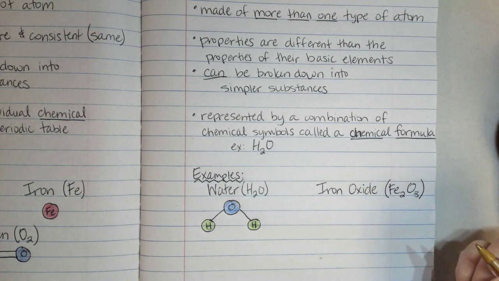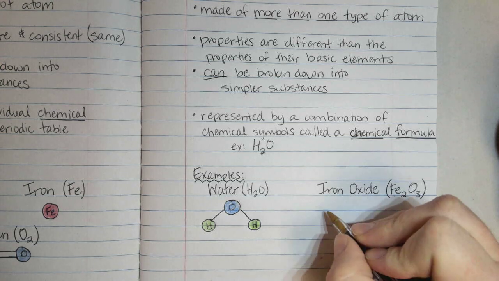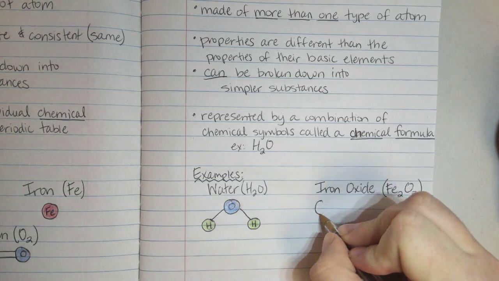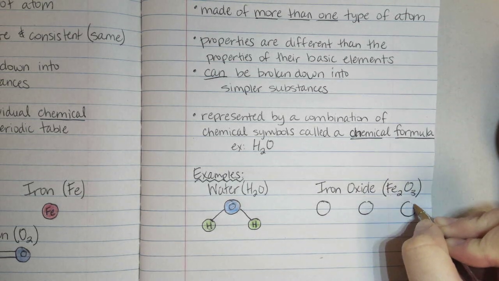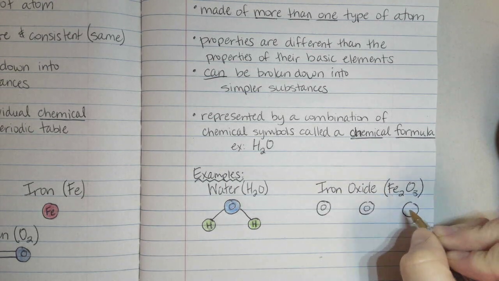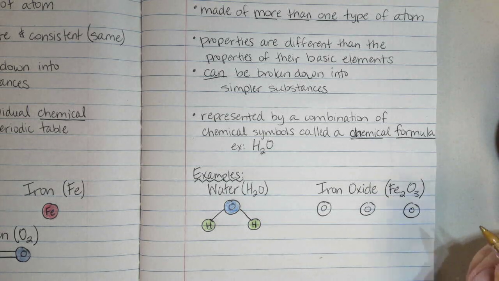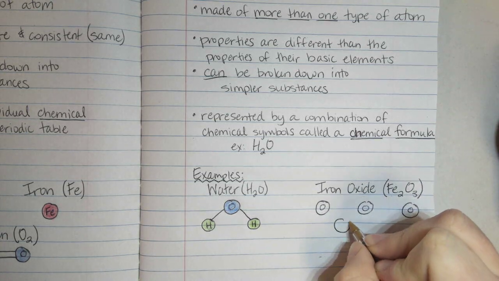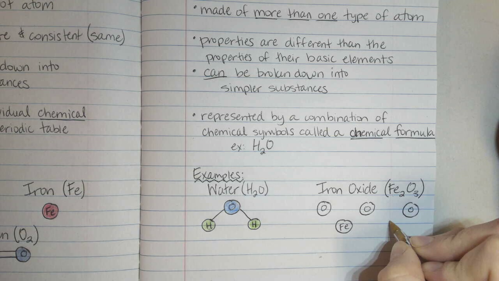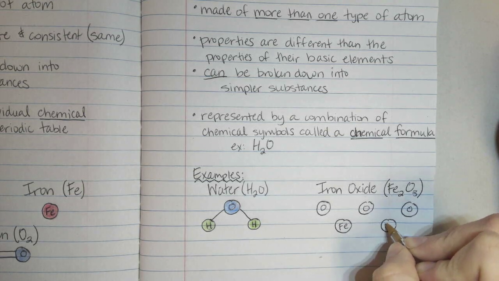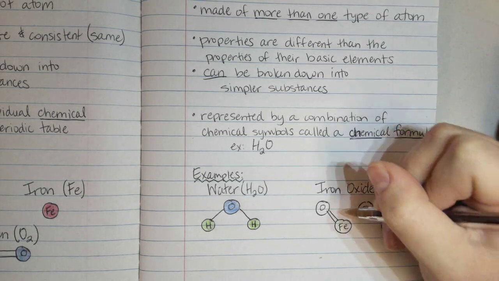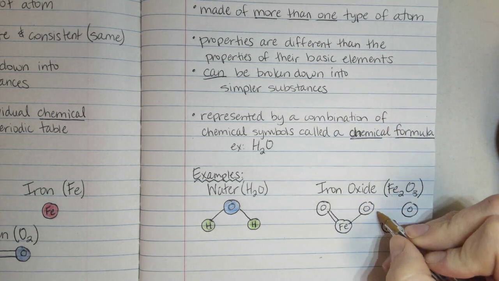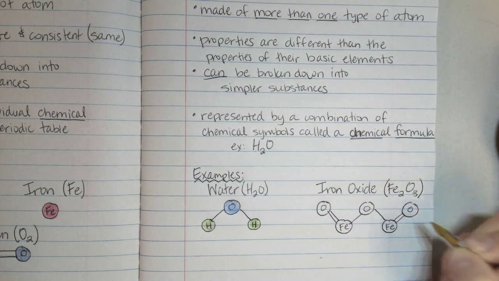So I'm going to draw three oxygen atoms. 1, 2, 3. These are going to have the O for oxygen. And I'm going to draw two iron atoms. Those are going to be represented with the Fe. Then they're connected through what we call chemical bonds, which we just use these lines to represent.